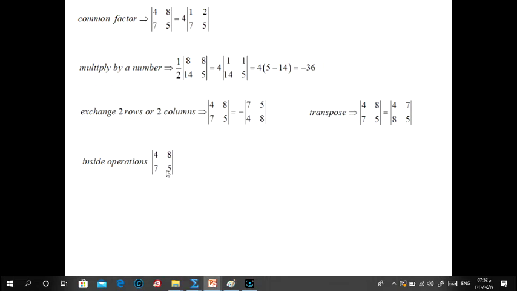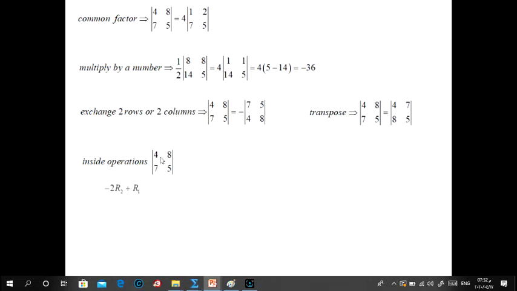Do you see this row, the second one? If you multiply this row by 2, you need to put outside half. However, if you multiply this row by 2 and add the result to the first row and make the final result go to the first row only, then it is the same.